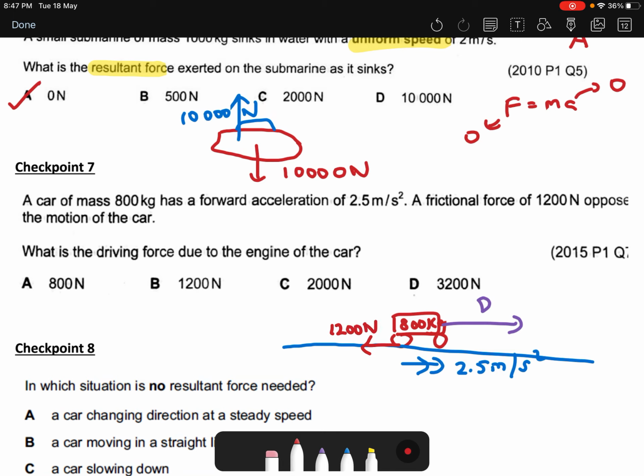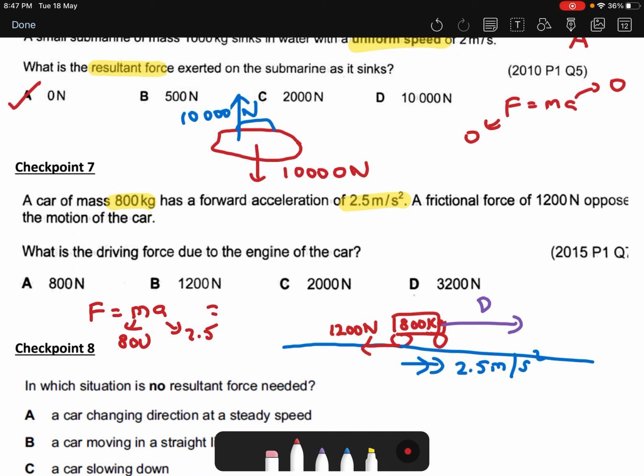Okay, so they ask, what is the driving force due to the engine of the car? One thing that I know is that I have my mass and I have my acceleration. Since I have M and A, I can calculate the resultant force. So you just calculate F is equal to MA, where M is 800 and A is 2.5.